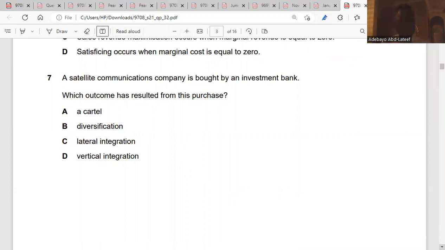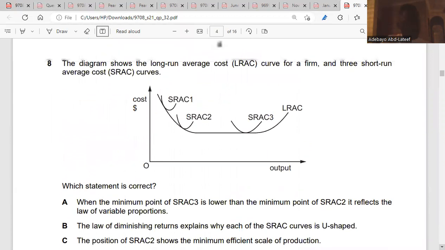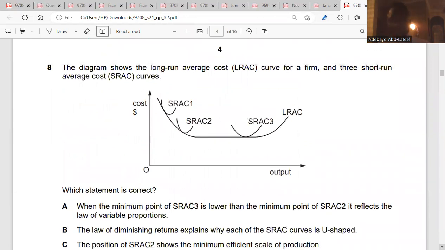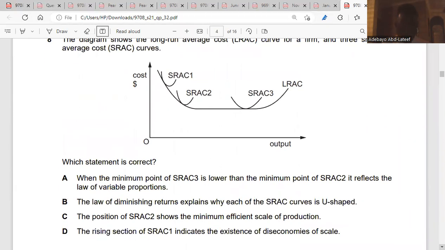Question 8. The diagram shows the long-run average cost curve for a firm and the 3 short-run average cost curves. Which statement is correct? We have our short-run average cost curves 1, 2, 3. What does short-run average cost tell us? It shows that as our output increases, there should be a limit, and as soon as it exceeds that limit, our cost of production will start increasing again.